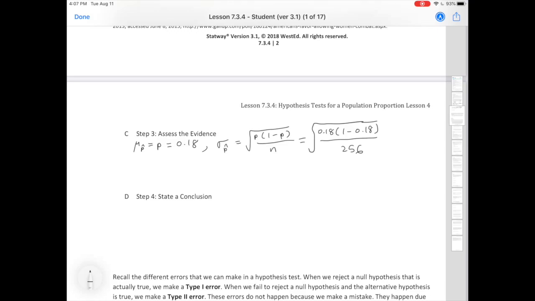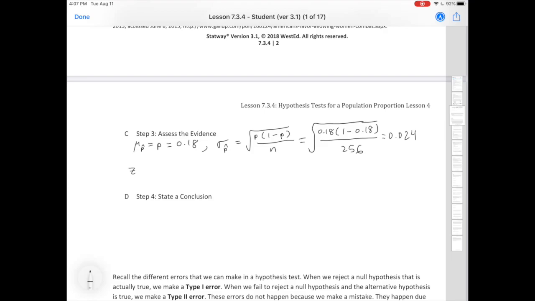So let me go ahead and do that in my calculator. I get 0.18 times 1 minus 0.18 divided by 256. We end up with 0.024. So that would be our standard error.